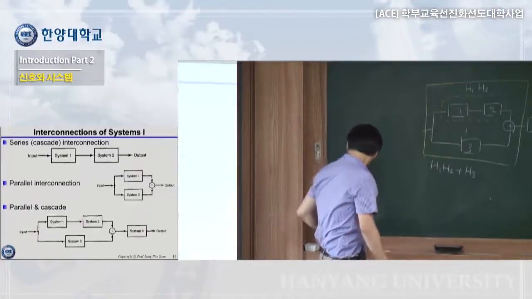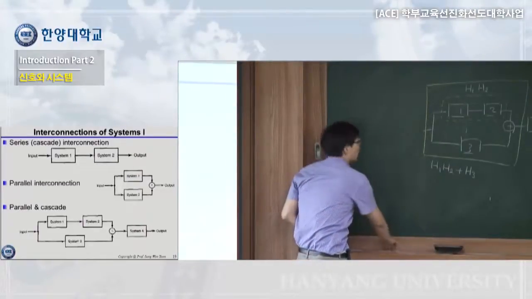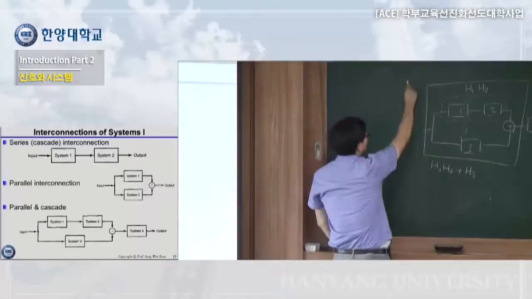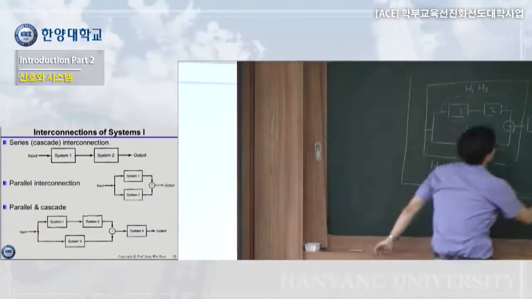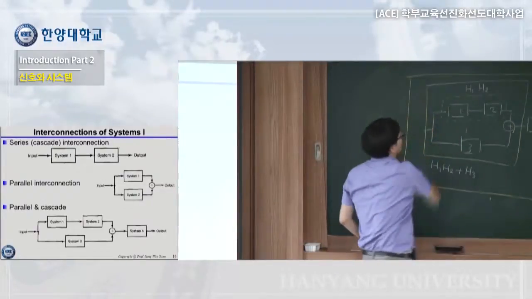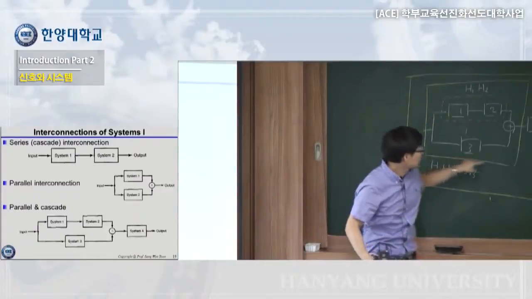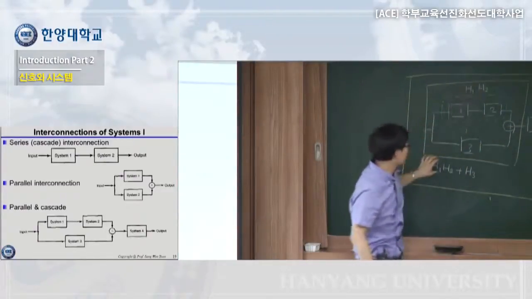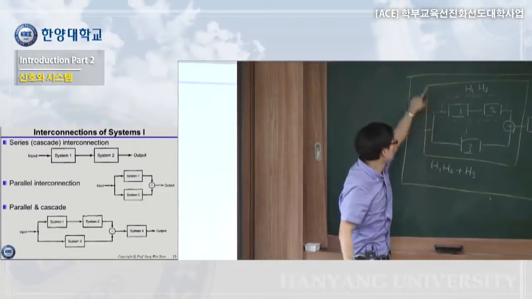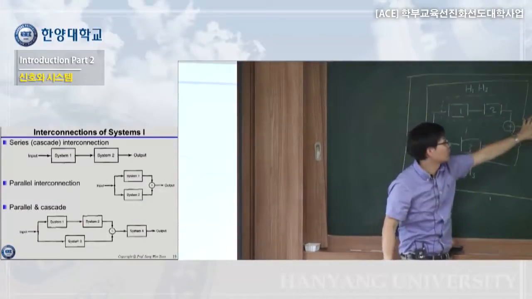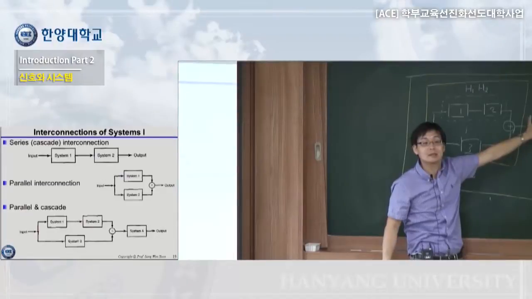What about the system function covering all over here? This box has a transfer function like this. This box and number 4 are cascaded, right?